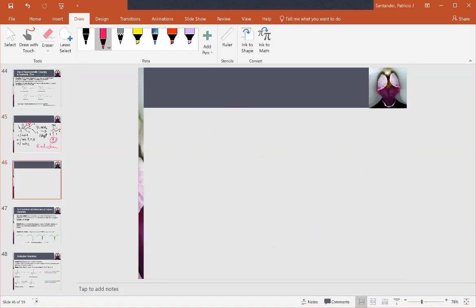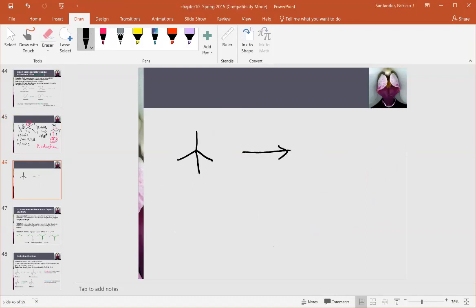Let's say that you have now this compound that I am reacting with Br2 and light, and I get this. Is that a reduction, an oxidation, or none of the above?